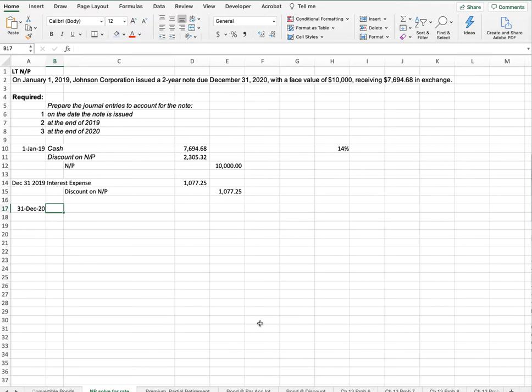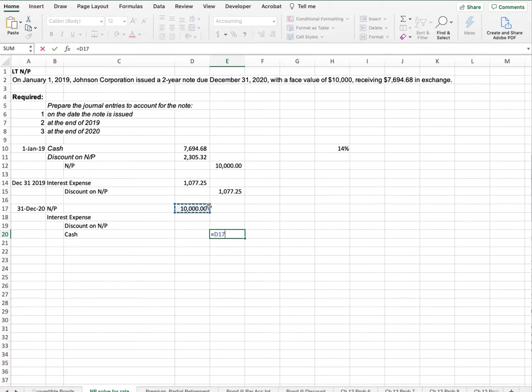So we'll have here notes payable for the full $10,000. We'll have our interest expense, which we'll calculate in just 1 second, our discount on the notes payable, and cash. And so cash is going to align with this $10,000, and now we just need to calculate this interest expense and the discount on the notes payable.